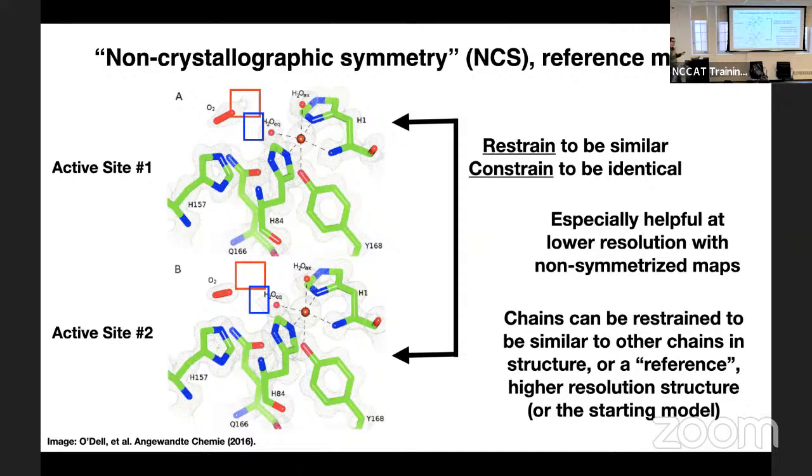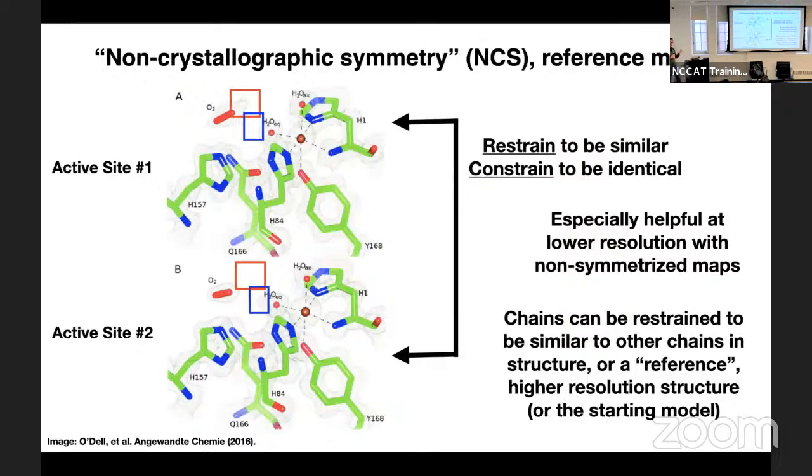Even if the overall structure is asymmetric, those 6 chains that are identical are going to share a lot of similarities, right? And so in our refinement software, we can constrain them so that they're absolutely identical. In some software, you'll see NCS constraints that force them to be identical. You'll often see restraints instead.